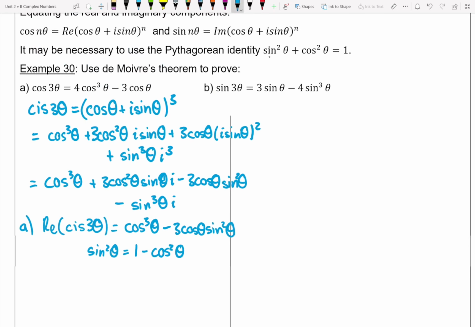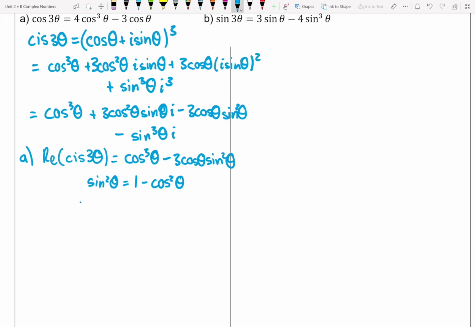That is, of course, just rearranging this Pythagorean identity to make sine squared theta the subject. So we get cosine cubed theta minus 3 cosine theta times (1 minus cosine squared theta). And so expanding this out, we get cosine cubed theta minus 3 times 1, so that's just 3 cosine theta.